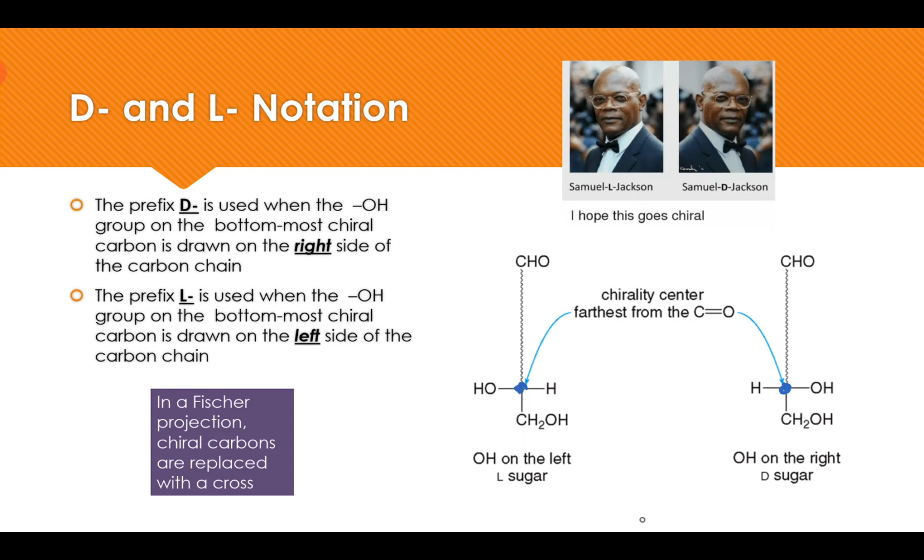This very last carbon in the chain has 2 hydrogens in it, which means it's not chiral. And so we have to pick this one, that's the last chiral center in it. If the chiral center has the OH group on the left, then that makes it the L isomer. If that has the OH group on the right, then it's the D isomer.